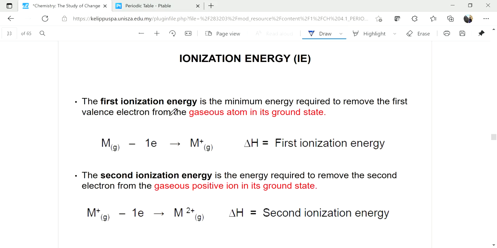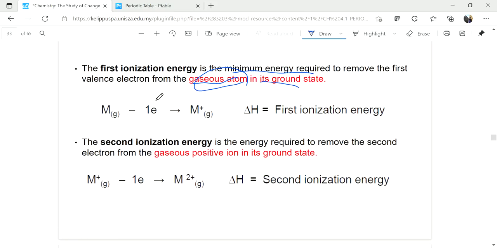So the definition of first ionization energy and the definition of the second ionization energy you should know. What is the first ionization energy? First ionization energy is the minimum energy required to remove the first electron from the gaseous atom in its ground state. So these are the two important terms here: removal of 1 electron, and minimum energy needed to remove the first electron from the gaseous atom in its ground state.